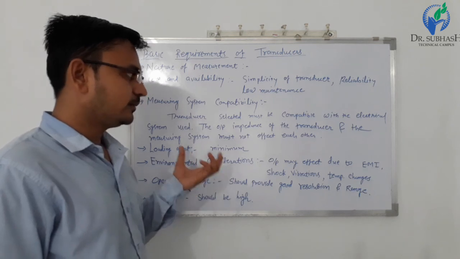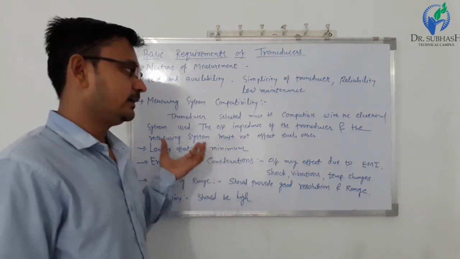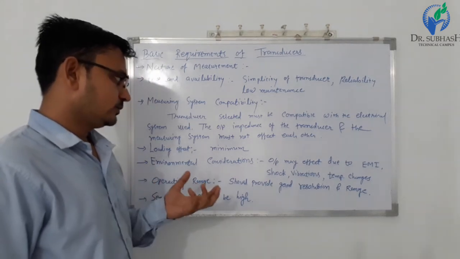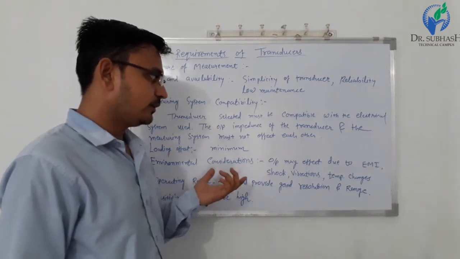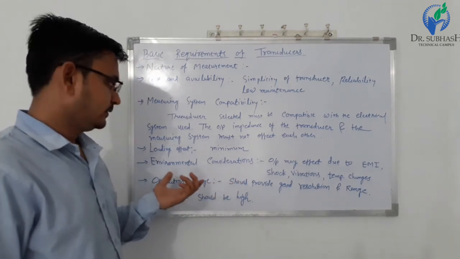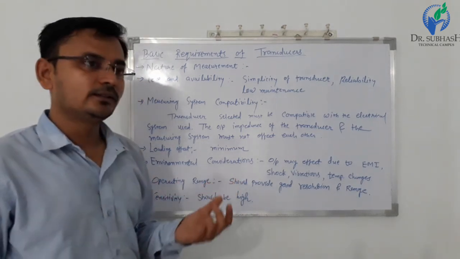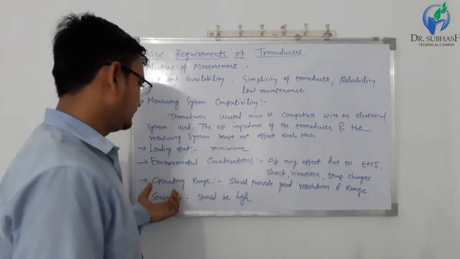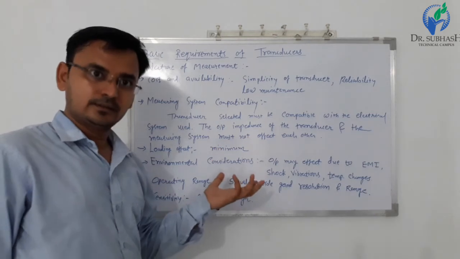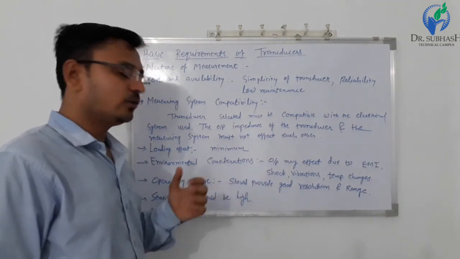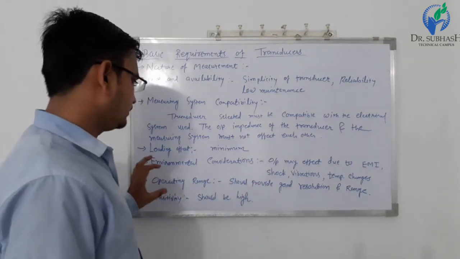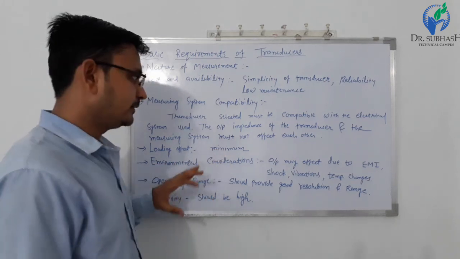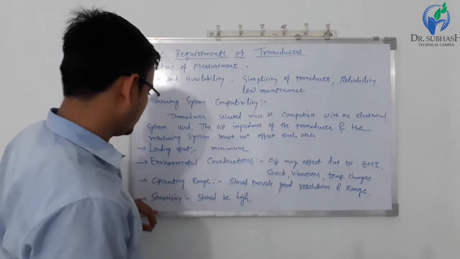Another one is operating range. It should provide good resolution and range. If the instrument is going to be used in the military, then the operating range should be high as compared to the normal operating range. This is a point we have to keep in mind while selecting a transducer.